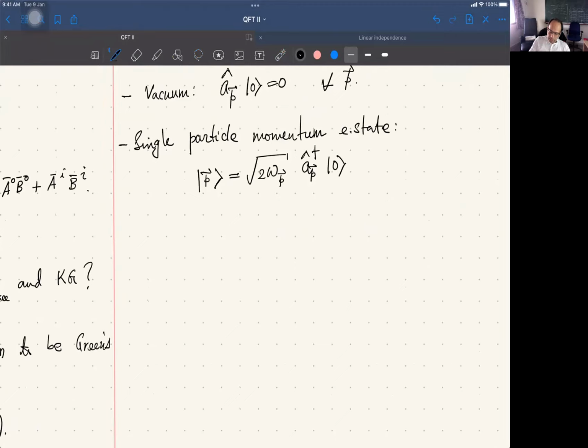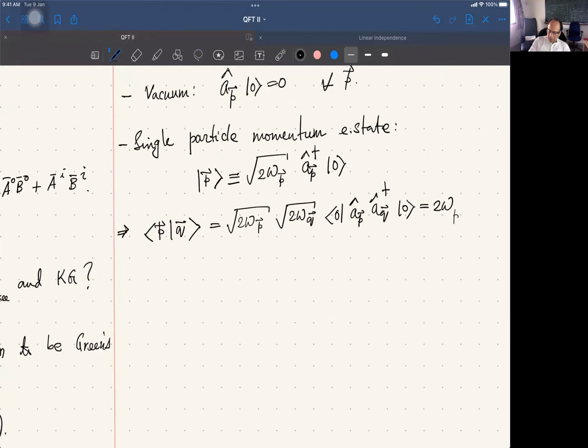So let us define this, and then from there you calculate the overlap between two momentum eigenstates, and that will give you root 2 omega p times root 2 omega q, vacuum expectation value of A_p A_q dagger, and that is same as 2 omega p delta p minus q.